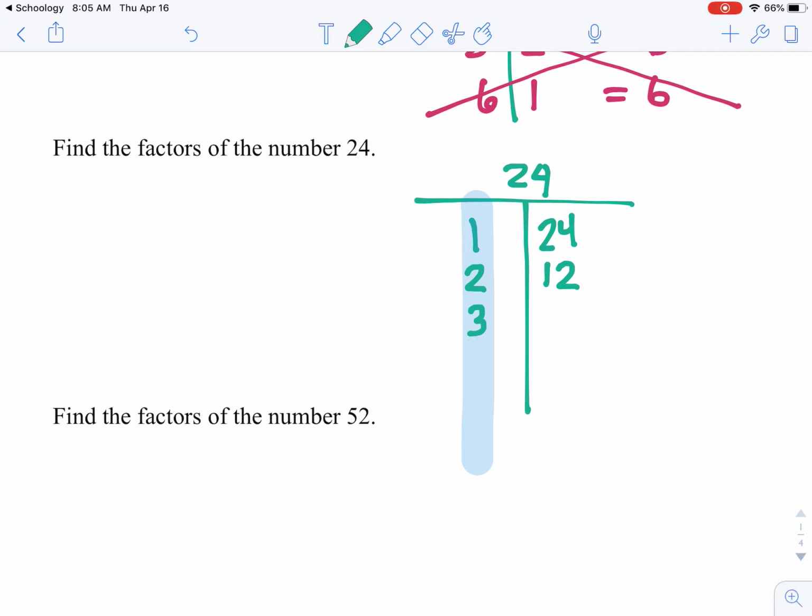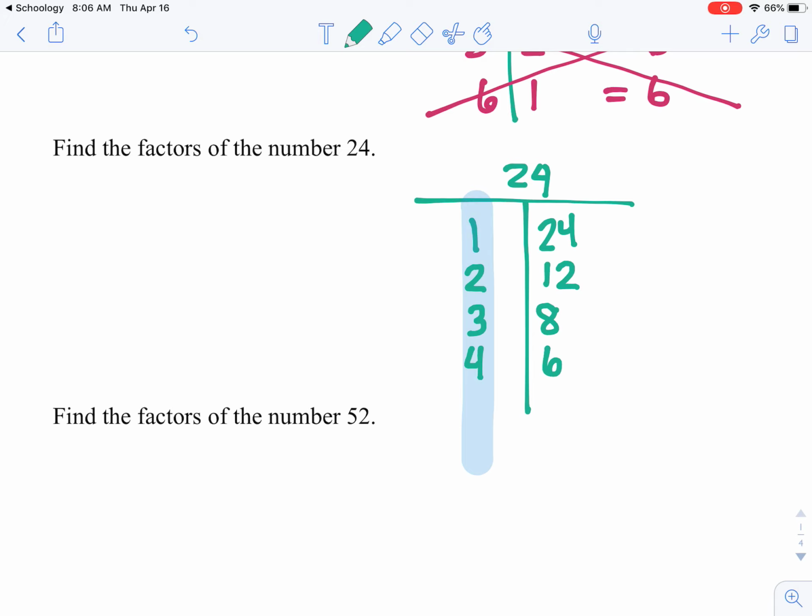And then I look at the number 3. 3 times 8 is 24. The number 4. 4 times 6 is 24. The number 5. And here I can say, oh, 5 does not go into 24 as a whole number. So 5 is not a factor, right?